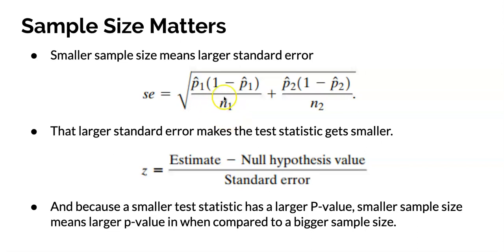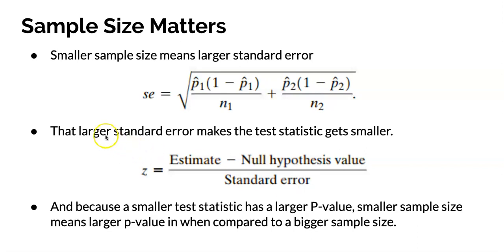So as the sample size gets smaller, the standard error gets bigger, by the way the standard error formula is set up. And that's not what we want. Who wants to have a big error, right? So let's continue. What happens if the standard error gets bigger? Remember, standard error is the denominator of our z-score, our test statistic.